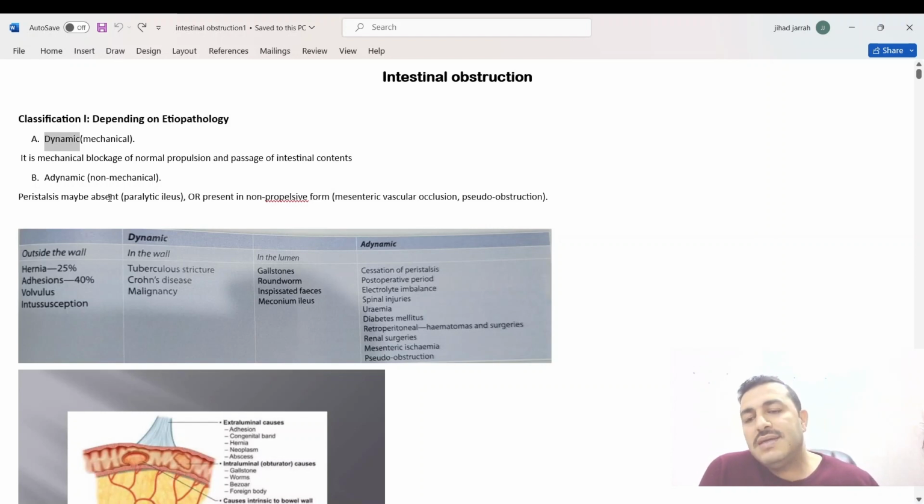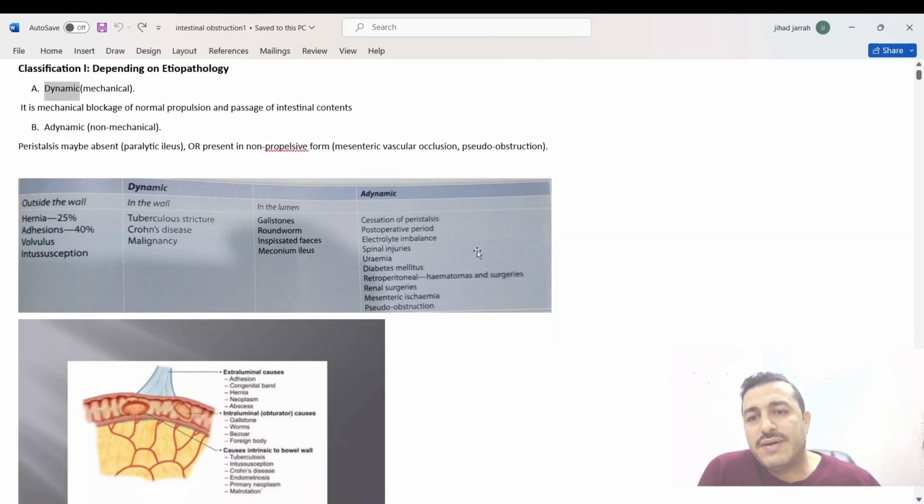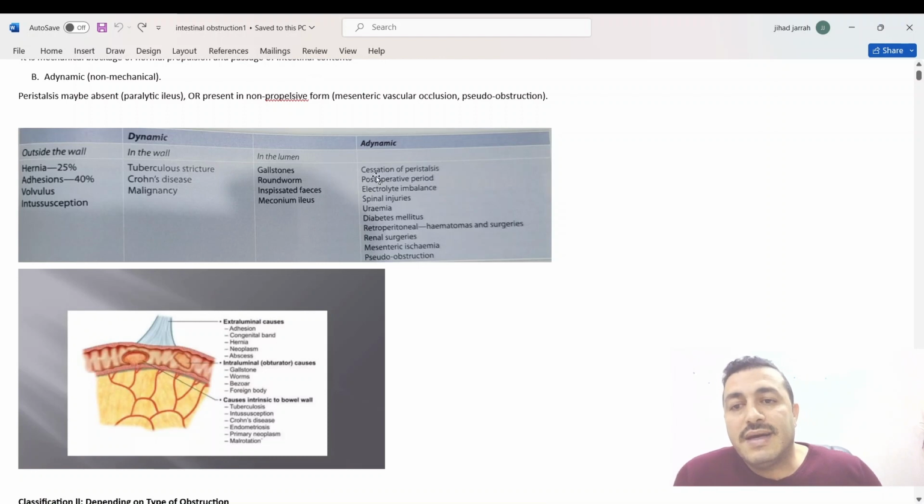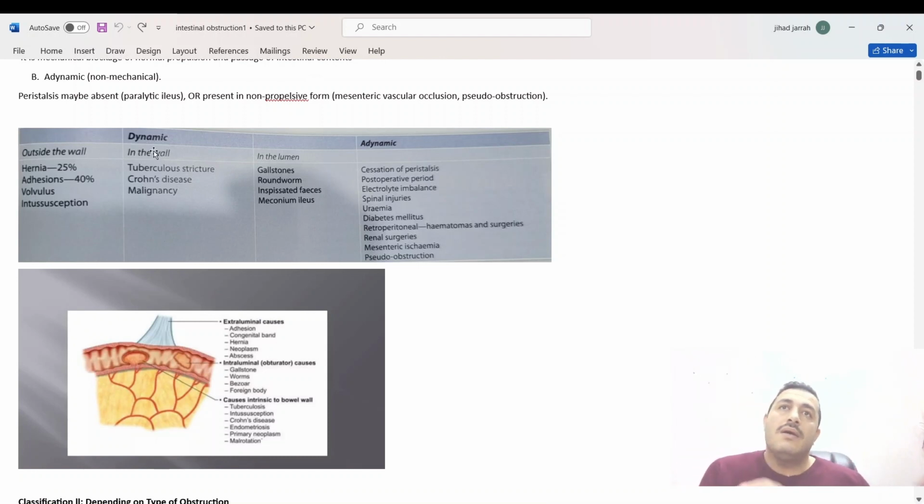So you can see here a picture I found in one of the literatures. They classify it into dynamic and adynamic. This is dynamic, this is adynamic. Let me check that the lecture is recorded. Yes. Okay. Dynamic and adynamic. And in dynamic, we said that there is a mechanical blockage.